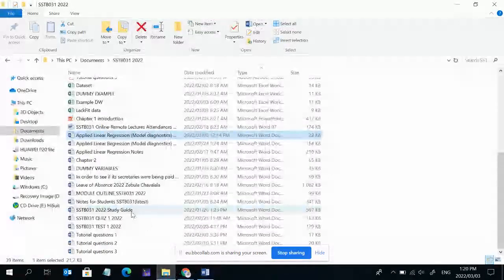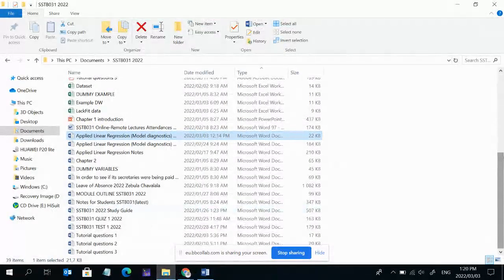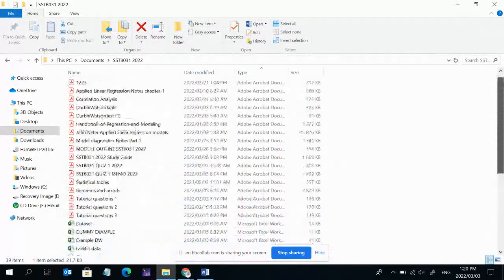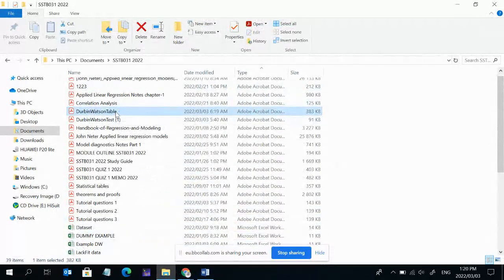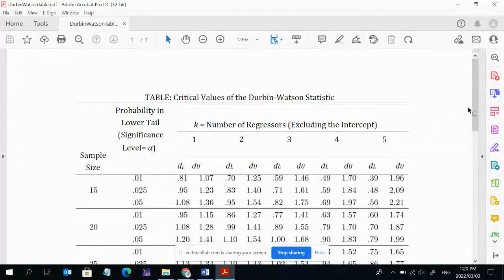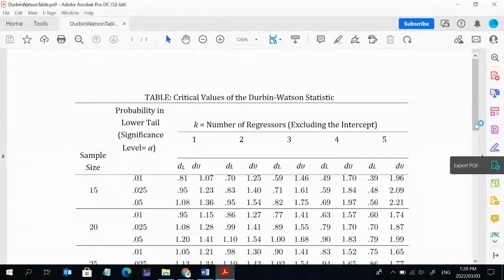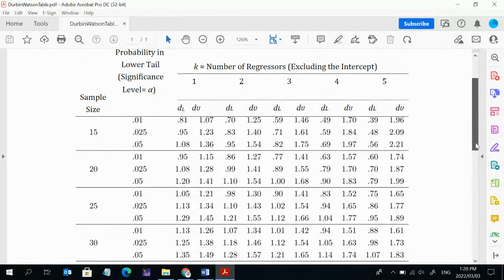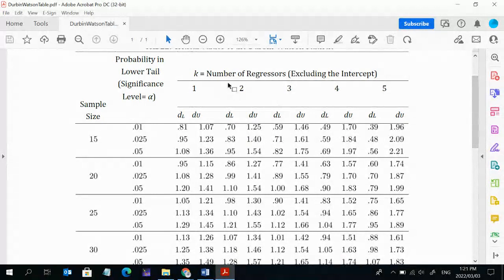So now I'm going to project the Durbin-Watson table, so that I can show you how to read the value from the table. Can you see the Durbin-Watson table? Yeah. Thank you. We are not going to entertain the K part, which is the number of regressors, because we only have one regressor.